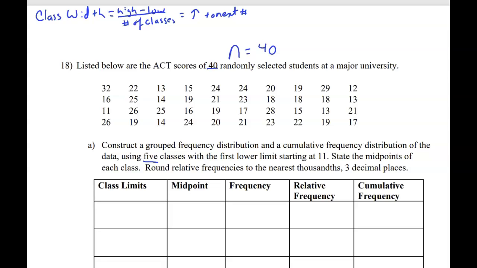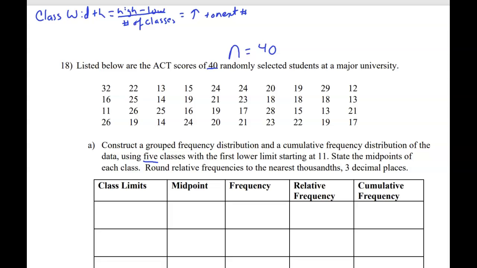Even if we calculate a whole number, we will go up to the next whole number. So if we calculate 4, we're going to round up to 5. You never stay on the exact value that you calculate for class width, because you want to make sure that that highest value is in there.